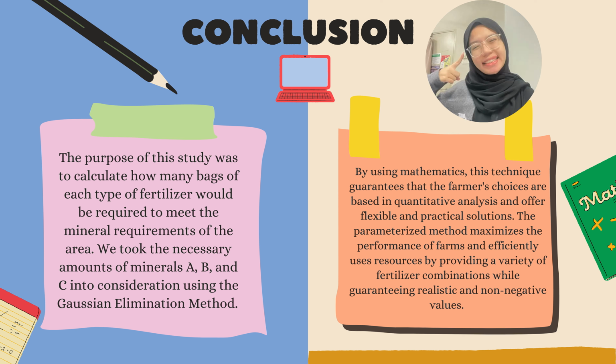The second one is by using mathematics, this technique guarantees that the farmer's choices are based on quantitative analysis and offer flexible and practical solutions. The parameterized method maximizes the performance of farms and efficiently uses resources by providing a variety of fertilizer combinations while guaranteeing realistic and non-negative values.